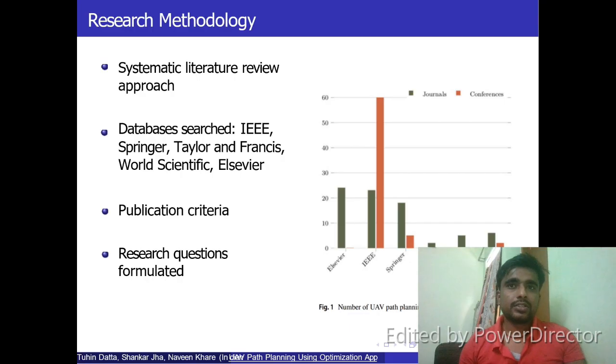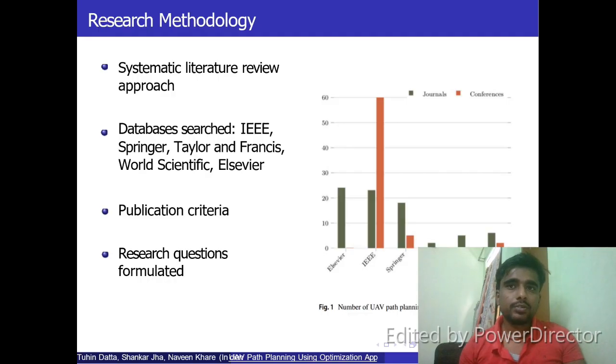Now, research methodology. The authors employed a systematic literature review methodology to comprehensively cover the field. They searched across multiple credible databases, including IEEE, Springer, Taylor and Francis, World Scientific, and others.